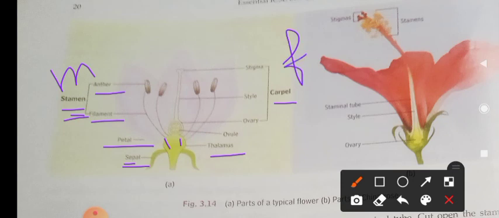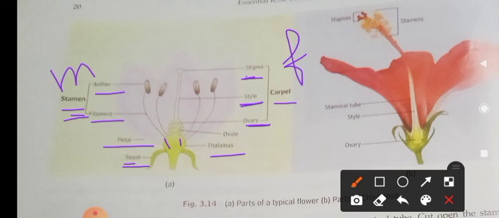Carpel contains the ovary, stigma and a style. The swollen, bulb like structure is called the ovary, and the long tube is called the style, and the tip of the tube is called the stigma.